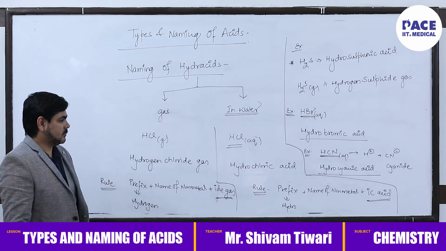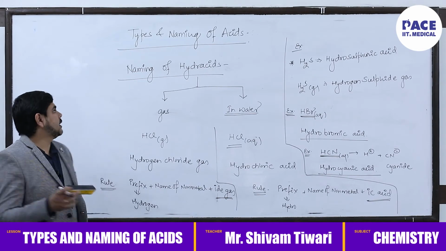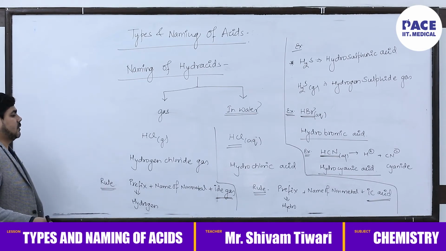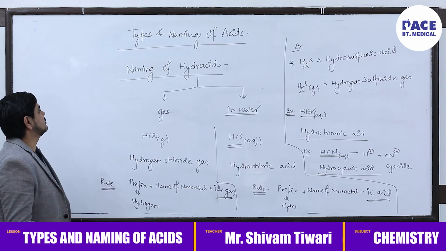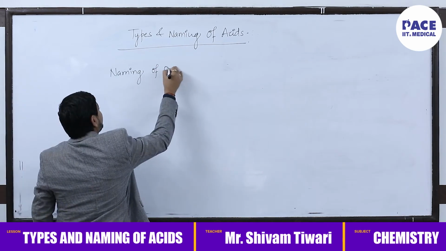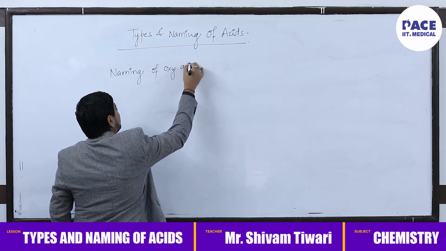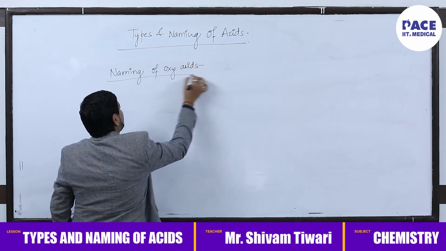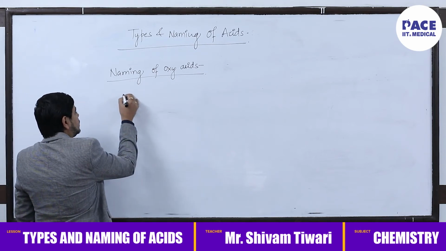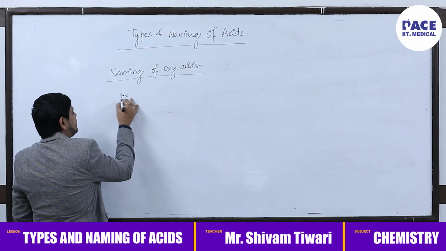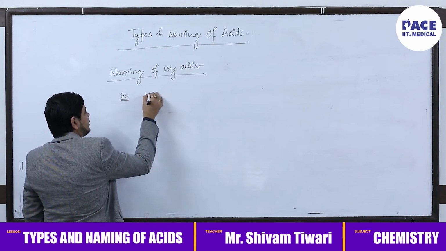Okay. Now let's understand naming of oxy acids. After this, we are going to understand naming of oxy acids. Let's say I will write an example over here, HNO3.